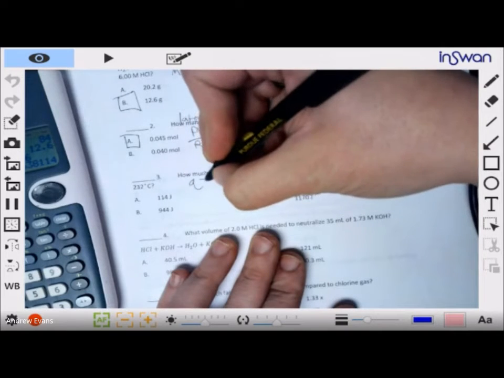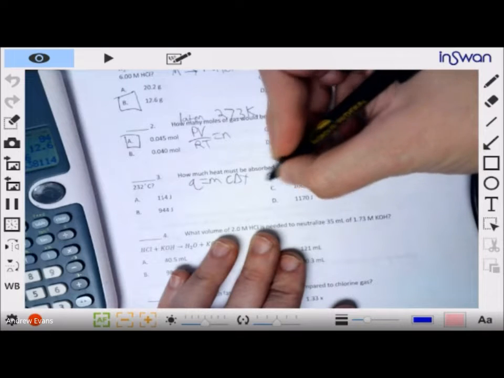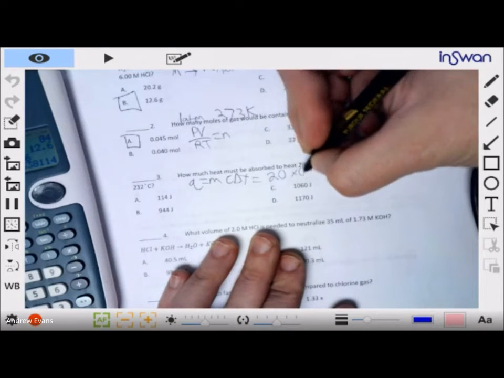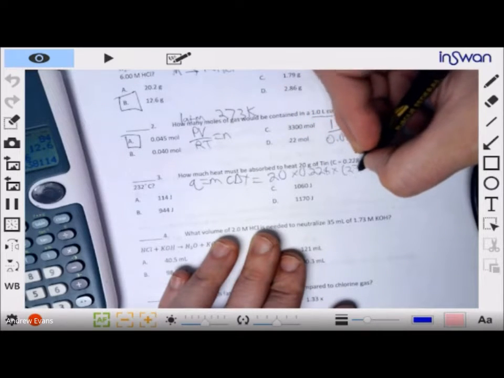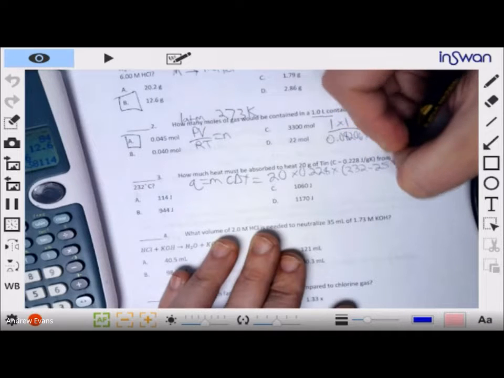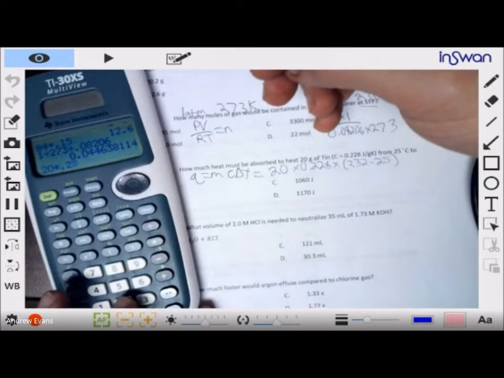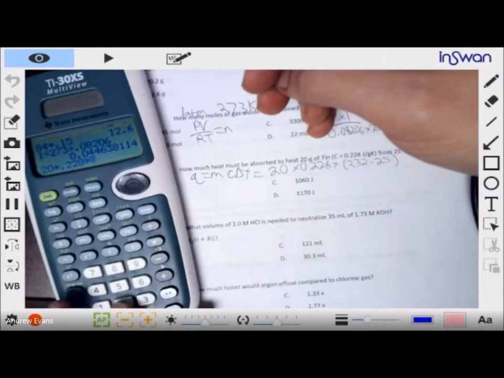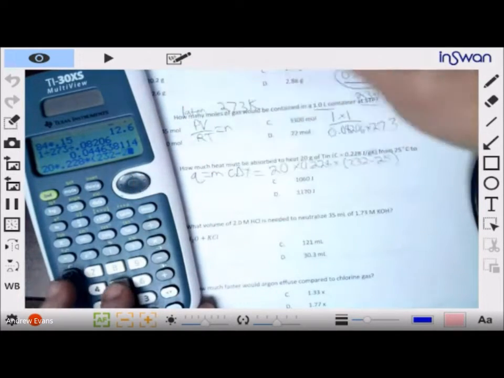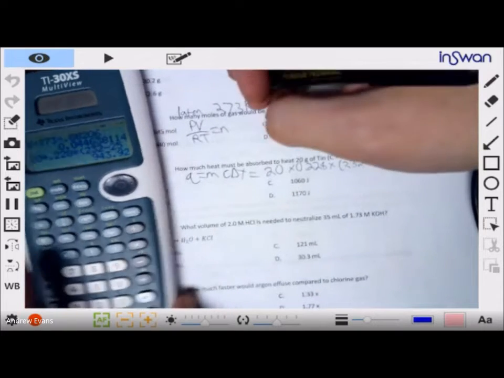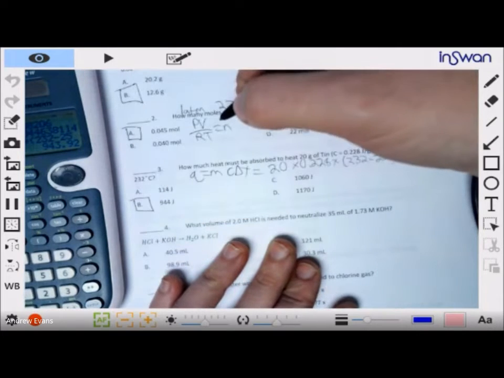So Q equals mc delta T. So m is 20 grams, heat capacity 0.228, and temperature change 232 minus 25. 20 times 0.228 times the difference, 232 minus 25. You get 943.9, which rounds up to 944. Answer B.